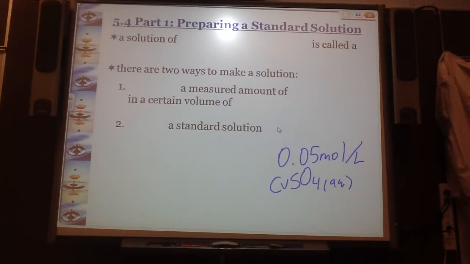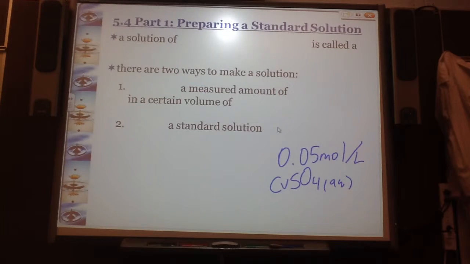So how much mass would I measure then? Well, how many did I say? 50 milliliters? So how much of that is of a liter? A liter, 0.05. Is it? Because a liter is 1,000 mils, right? So then I would have to take a smaller percentage of the copper 2 sulfate mass, right?